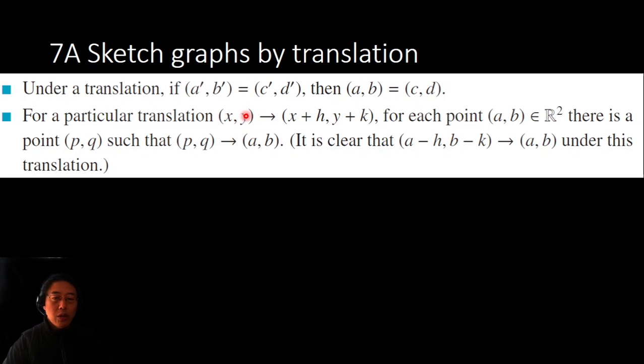So if you have a translation that is h and k, it means for any point (a, b) that has been transformed, the image needs to match x plus h and y plus k. You get back to the point (a, b) by doing the inverse operation. It'll probably make more sense using the equation, and I'll do that next.